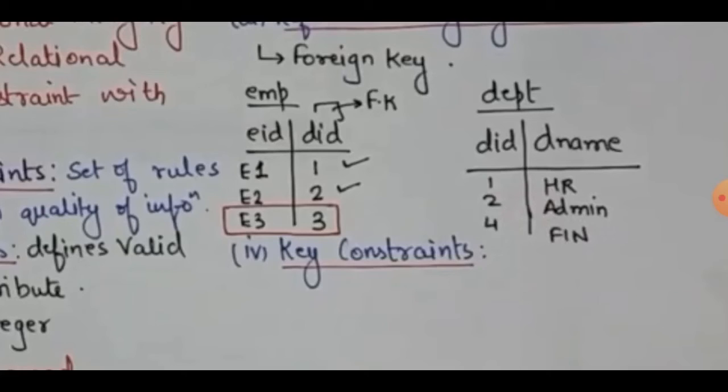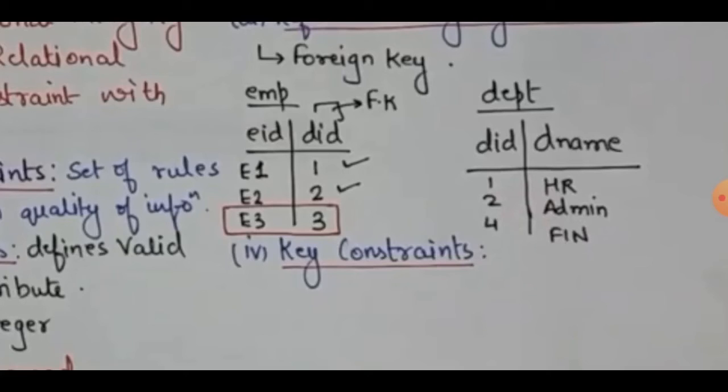When we are using a foreign key, every value must be one that is in the primary key of that table. You have seen that we have only three values, 1, 2 and 4, as primary keys in the department table, so we need to enter only those values. We cannot enter any other value because we are following the department table with the help of that foreign key.